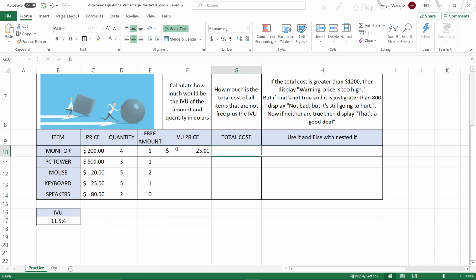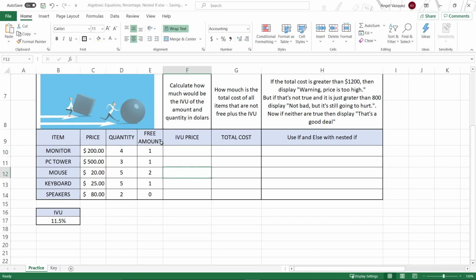Now, if we want to do the same thing but for all four monitors, we need to first multiply the price and quantity to get the total. And then that total, we're going to multiply by 11.5% to get how much EVU we would pay for all those four monitors.